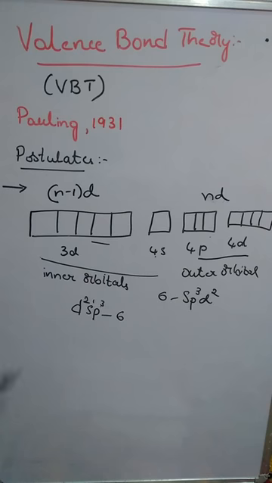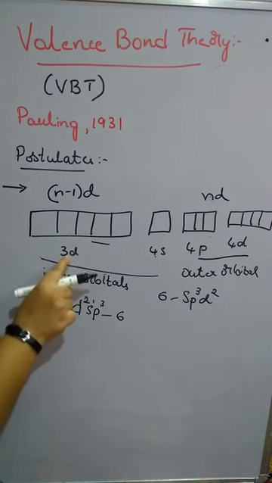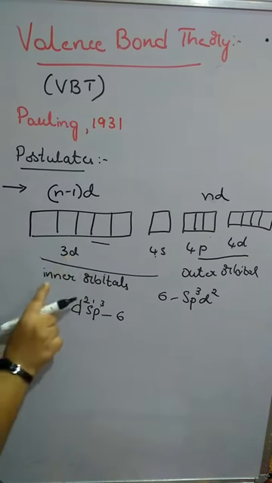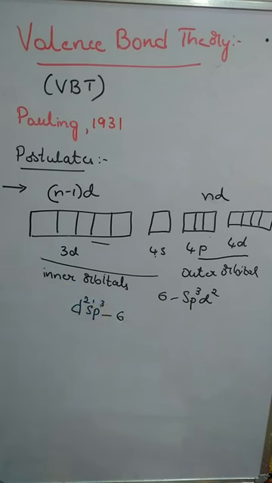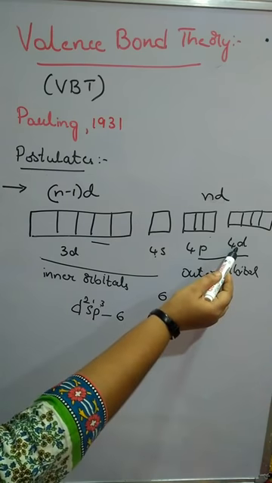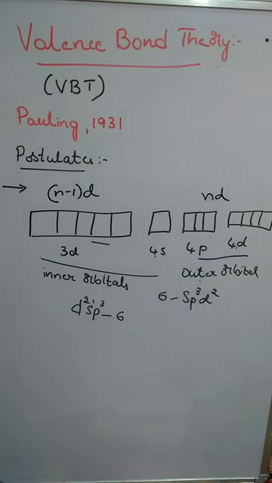If inner d orbitals, that is 3d orbitals, are involved, then we call that inner orbitals or inner orbital complexes. If outer d orbitals are involved, then it is called outer orbitals or outer orbital complexes.